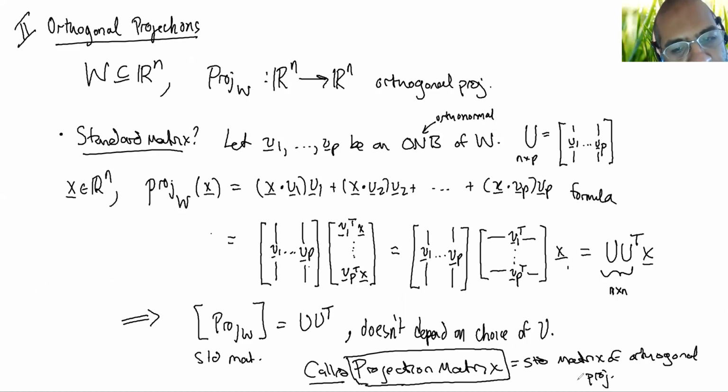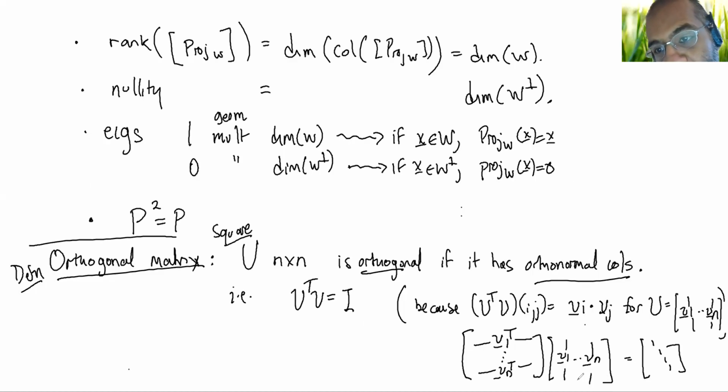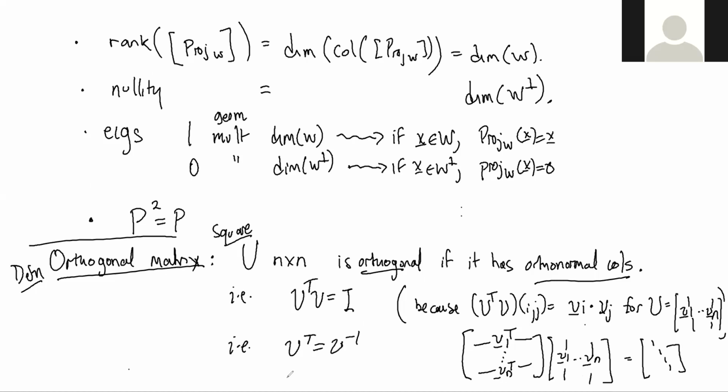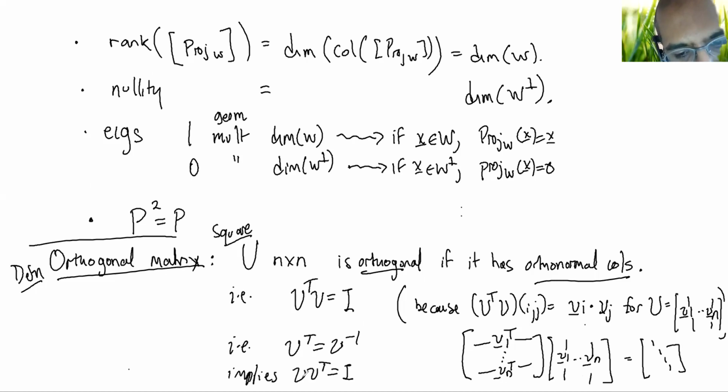Then there's something else called an orthogonal matrix, which is a square matrix, so it's U transpose U equals I. Now, I should say that this actually implies that U transpose equals U inverse, right? But then that implies that UU transpose also equals I, for this square case. Okay? So for a general matrix, U transpose U and UU transpose are not the same thing.